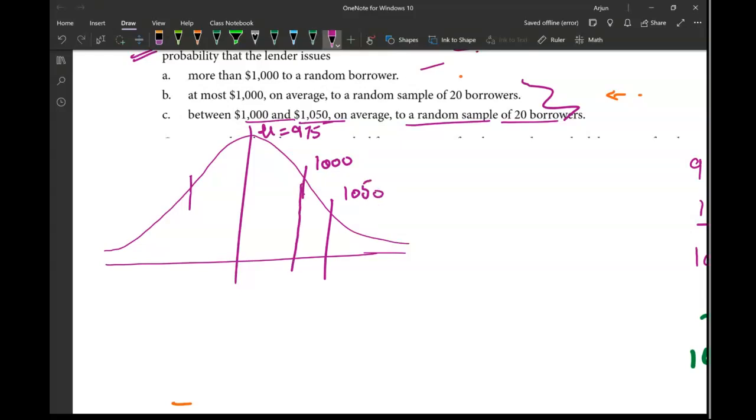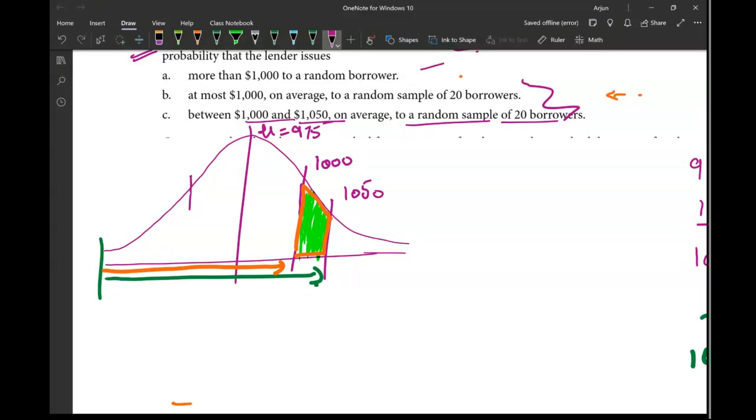So I am looking for this shaded section. What we're going to do is find the probability up to this point minus the probability up to this point. That's going to give me this whole section. That will be the answer.